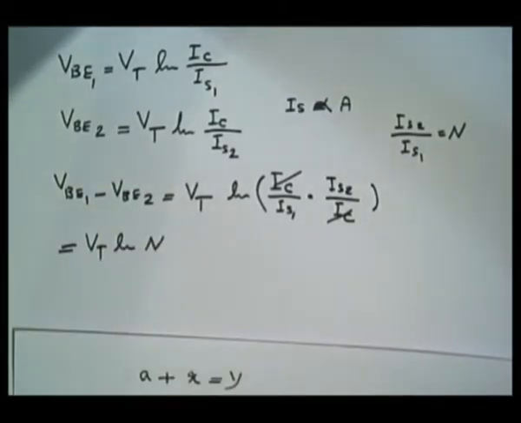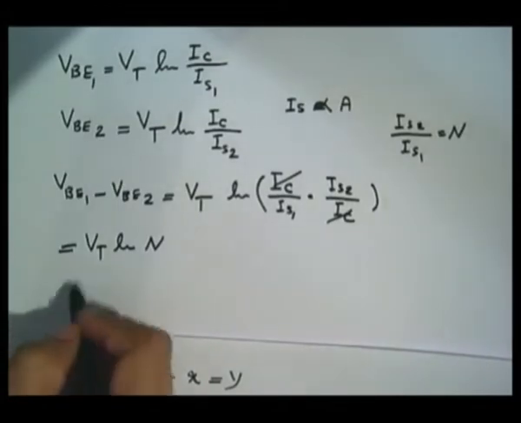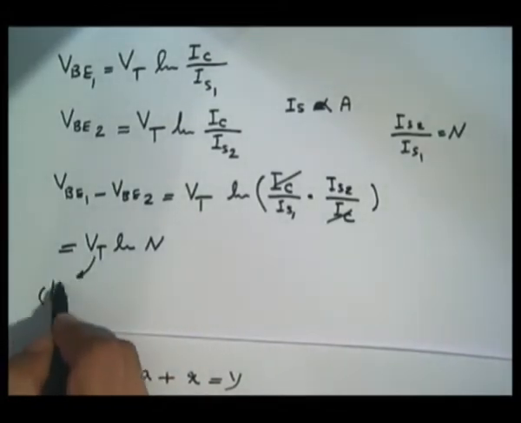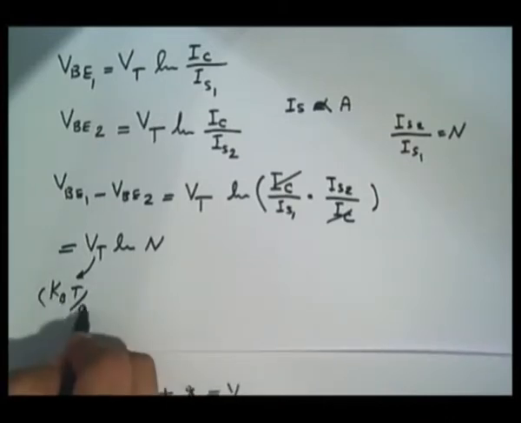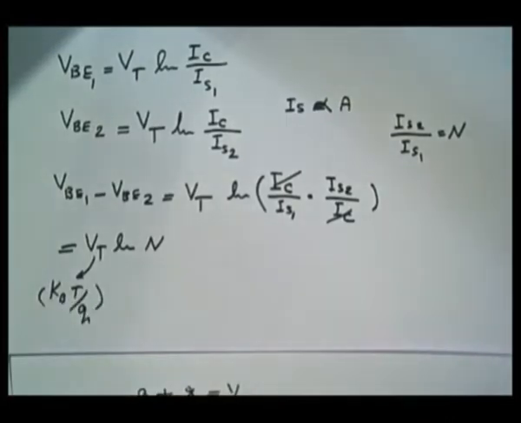So it's very interesting. We can generate a voltage which is proportional to temperature and it is independent of any process parameter, right? Because Vt is just a function of temperature. It's kBT upon q. kB is the Boltzmann constant and N is the ratio of area, which is not changing with process.